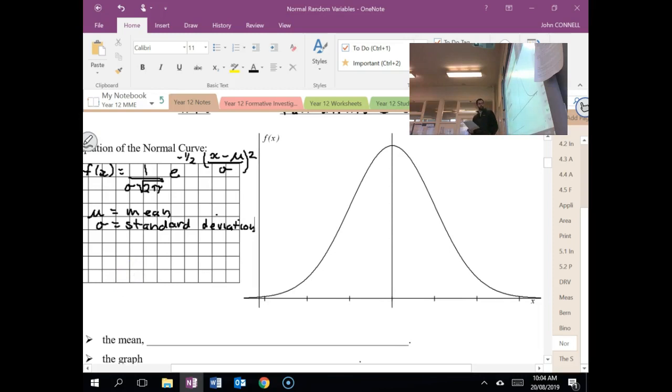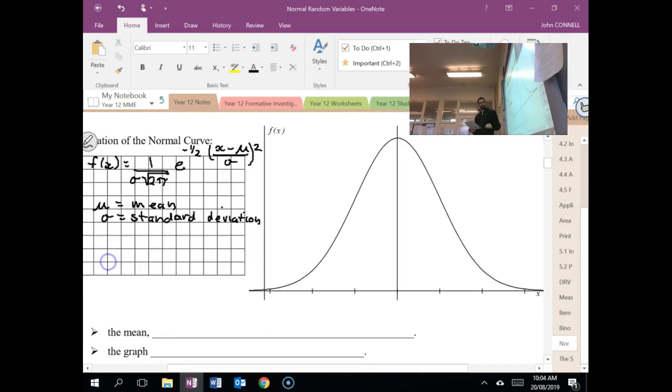Now, what you would find if you were to differentiate this equation, and you could differentiate it, is that the maximum value occurs at mu. So this is a generic equation for some mean and some standard deviation. This is a normal distribution for the mean being mu and the standard deviation being sigma.